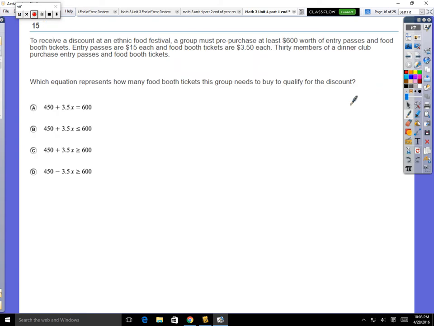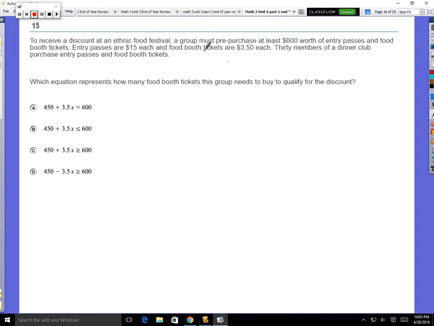To receive a discount at an ethnic food festival, a group must pre-purchase at least $600 worth of entry passes and food booth tickets. Entry passes are $15 each, and food booth tickets are $3.50 each.